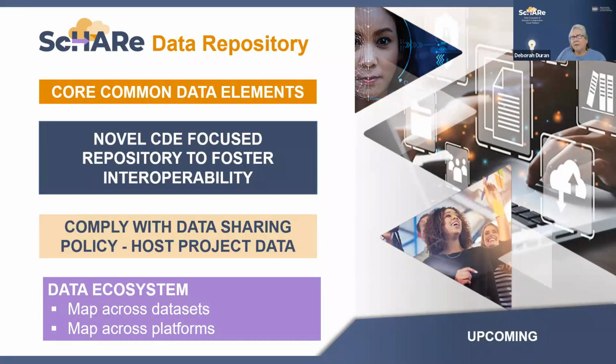This also complies with the NIH policy on data sharing, and it creates a data ecosystem, because not only are we going to be able to cross data sets, we're also going to be able to aggregate across platforms.